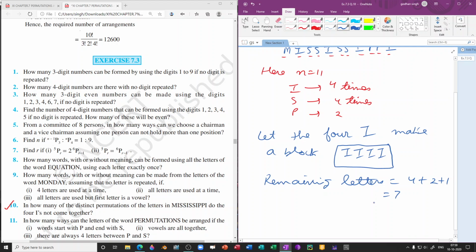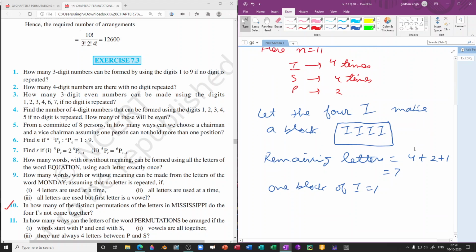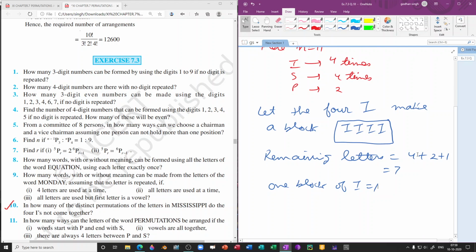So this is equal to 7, and this one block of I is equal to 1. So the total n which we are getting here, in this case, will be 7 plus 1 equal to 8.